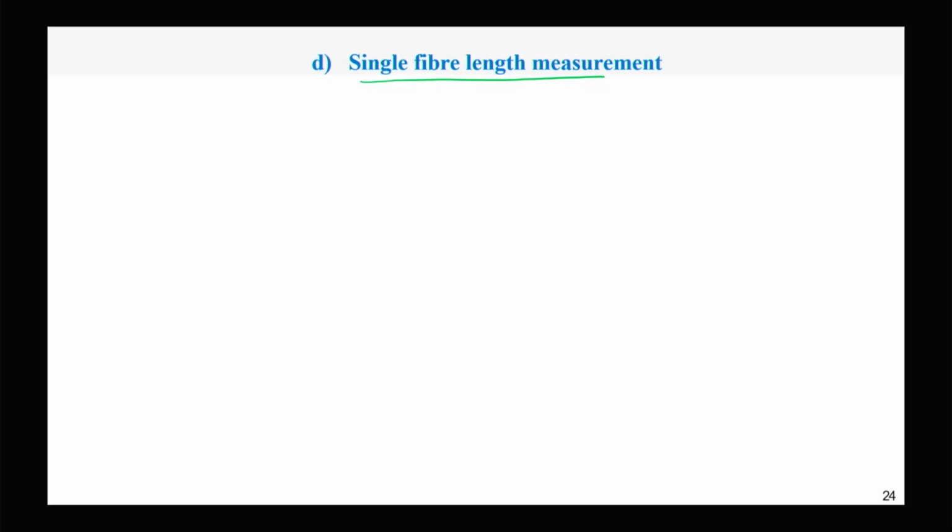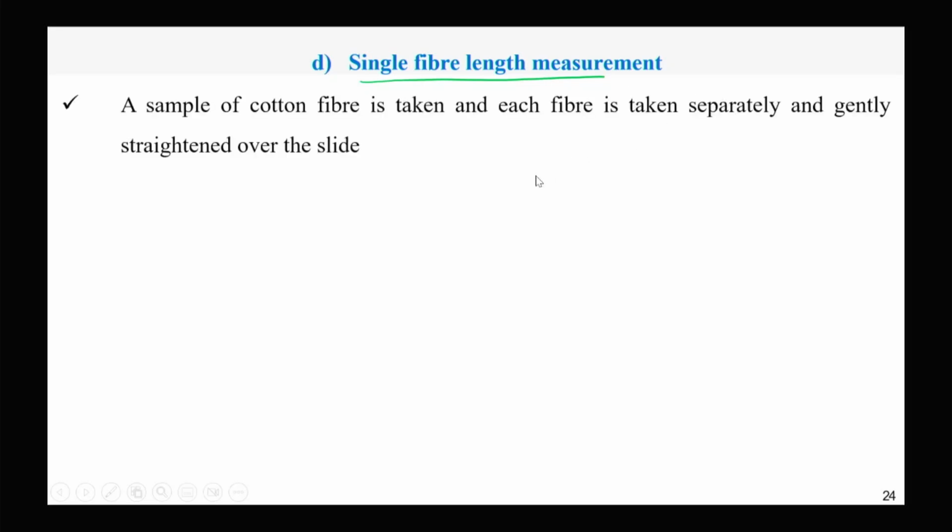For industry purposes, we normally don't measure the fiber length this way, but for some special occasions, for research study, we do the single fiber length measurement, like fiber length breakage, damaged fiber length during yarn breakage, some special study, we can measure the fiber length in the single form.